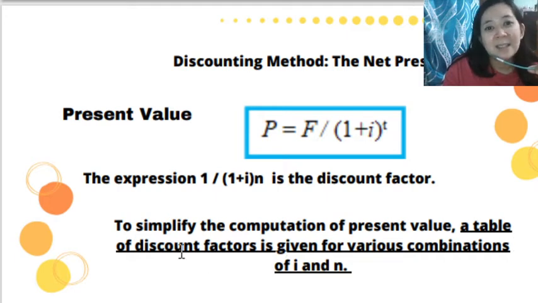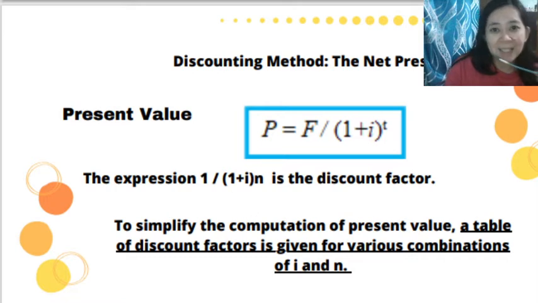We have the table of discount factors for various combinations of interest rate and number of periods for the investment. This table is used so that your computation for the present and future values is simplified.